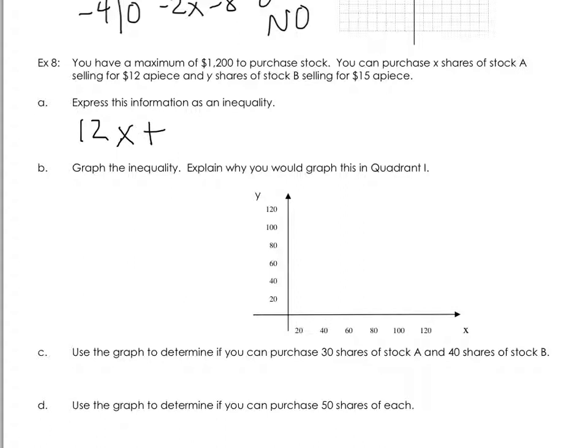We're buying Y shares of stock B, and they're selling for $15 a piece. You have a maximum amount to spend. That's $1,200. Can you spend exactly $1,200? Yes. Do you have to spend all of it? No. You can spend less than or equal to $1,200.